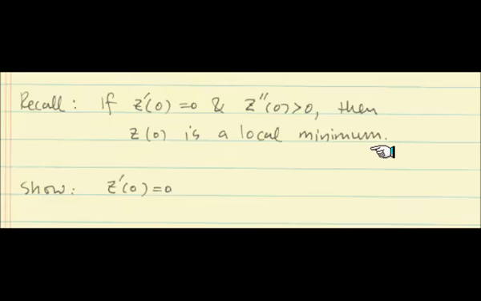One of the sufficient conditions from Calc 1 is that the derivative at that point is 0. That's not enough to conclude it's a local minimum or maximum, but there's a second derivative test for one variable. If the second derivative value there is positive, it guarantees a local minimum. So first let's show that z prime of 0 is 0.